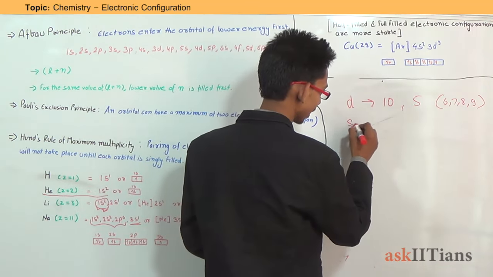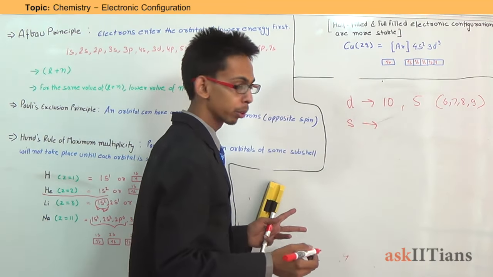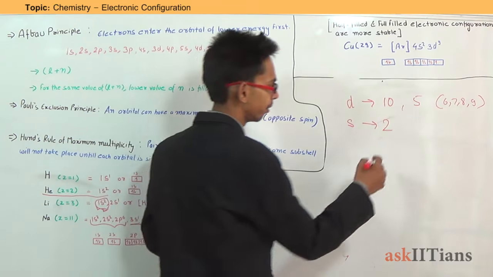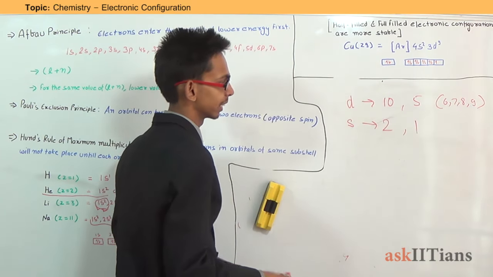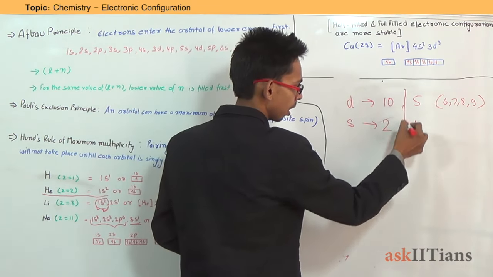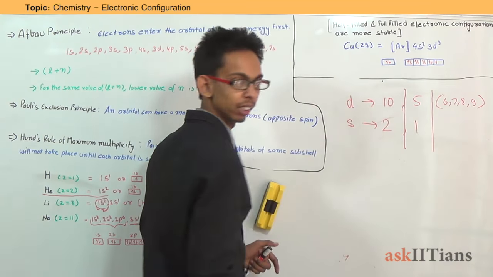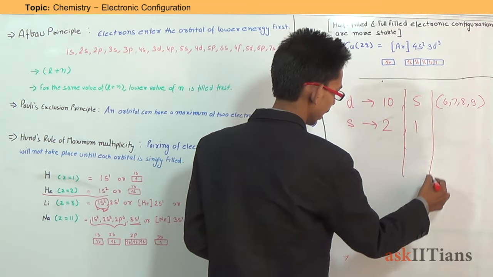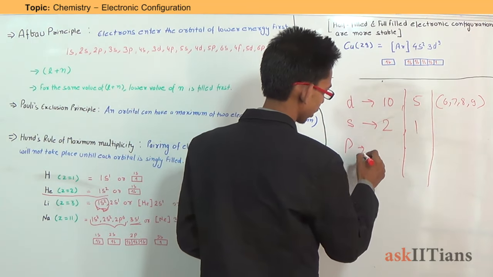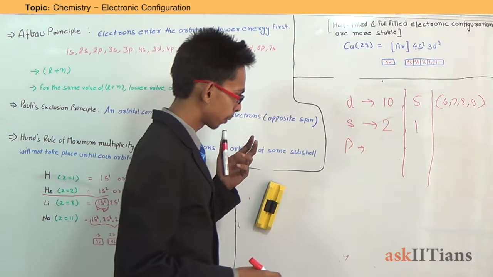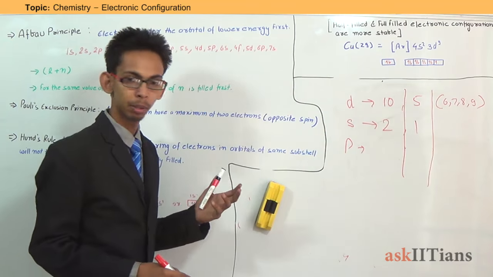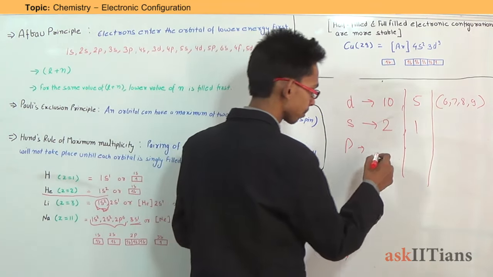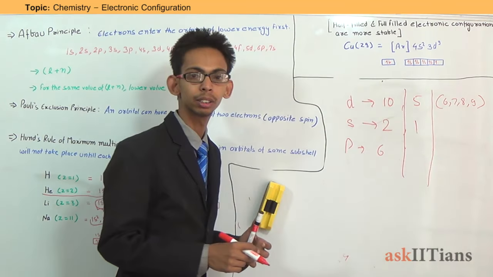Similarly, an s subshell can have a maximum of 2 electrons, so if it has 2, we will say it is fully filled. If it contains 1 electron, we will say it is half filled. There is no condition of partial filling in the case of an s orbital. If we talk about the p subshell, there are a maximum of 3 orbitals, so it can contain 6 electrons at max.